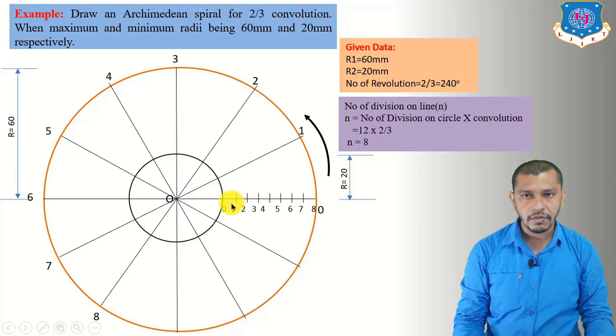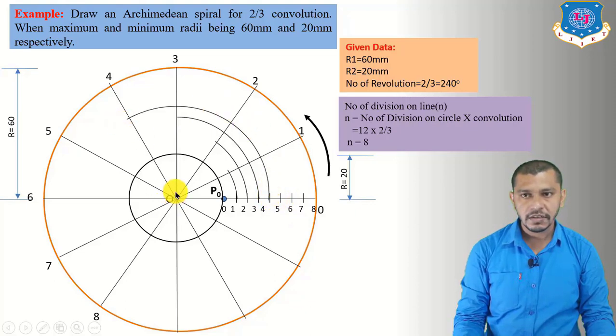Now what we have to do, taking center at O and radius equal to O to 1, give an arc on the first division. O to 2, that means center as O and radius equal to O to 2, give an arc on the second division. Center at O, radius is equal to O to 3, give an arc on the third division of the circle. Center at O, radius is equal to O to 4, give an arc on the fourth division of the circle.